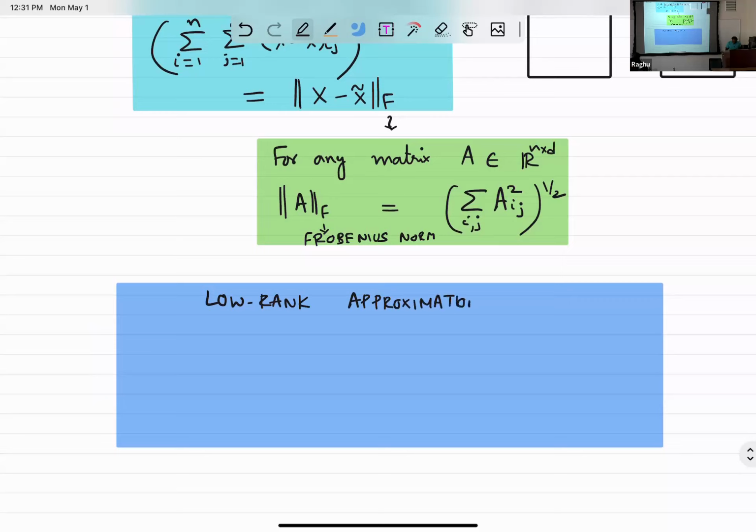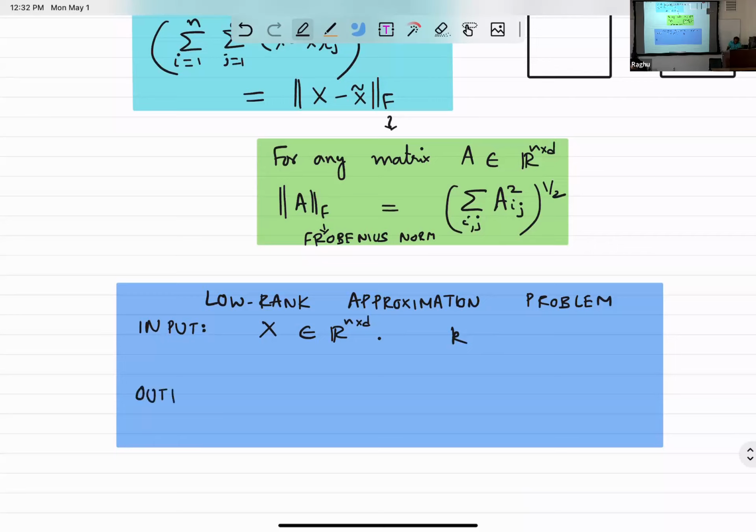As I said, you can change the notion of approximation, but this is the most studied one, so let's stick with it. The input is some matrix X, which is N by D, and some number K. K could be 10, 20 or something like that.